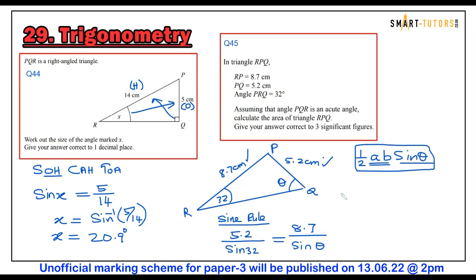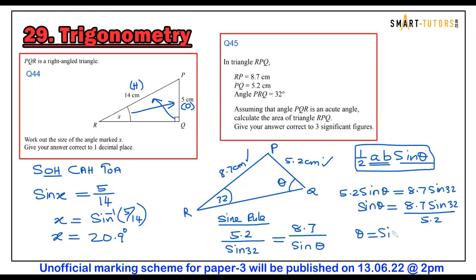So cross multiply, 5.2 sine theta equals 8.7 sine 32, right? So sine theta equals 8.7 sine 32 over 5.2. So theta equals sine inverse of the entire answer.